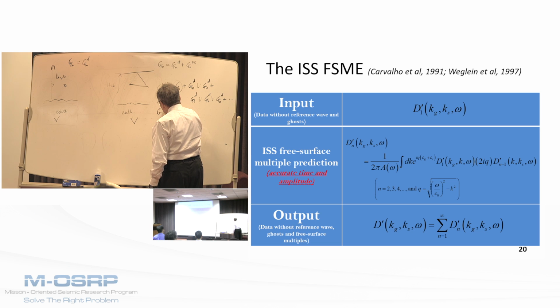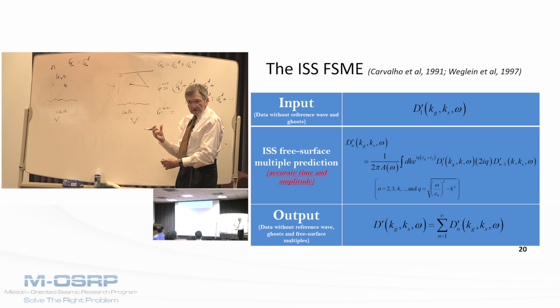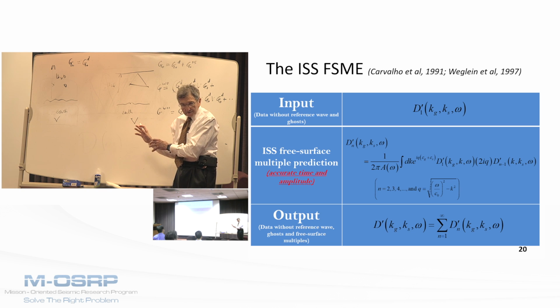The G with a free surface will have the same form, except the G0 will have two pieces. Okay, this is the forward. Now the really interesting one is the inverse, which I'll do in a second. I'm just trying to show you the forward first to get a sense.